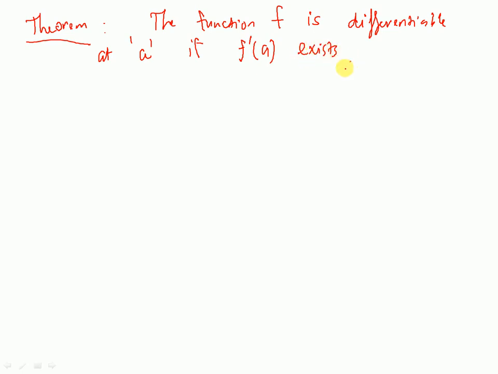So if I ask you whether the function f is differentiable or not, then make sure that f prime of a, the derivative of the function f at point a, exists.